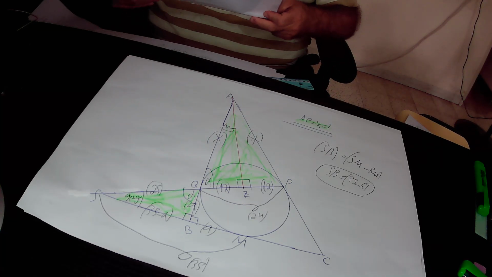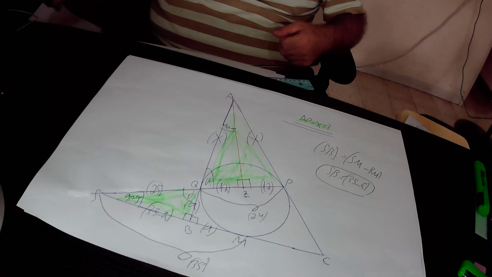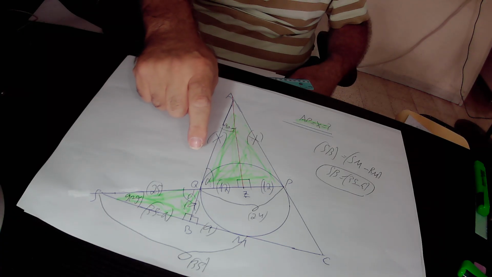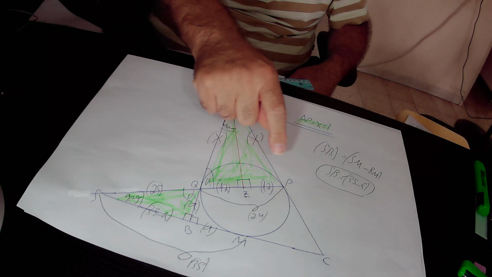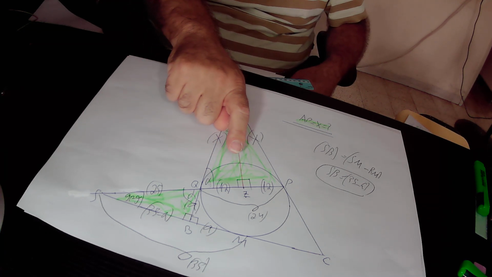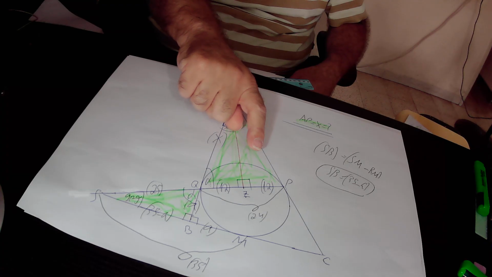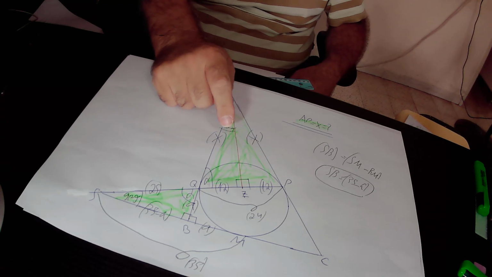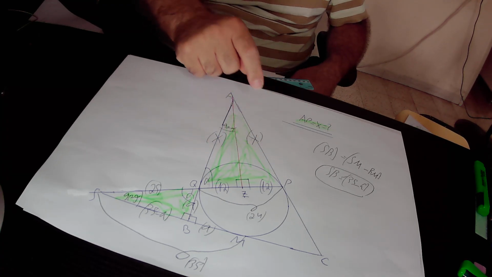For our drawing, we have the perpendicular AZ that bisects the base QP. So the first half QZ must be equal to the second half ZP, and each half must be equal to QP over 2. So QZ equals ZP equals QP over 2.